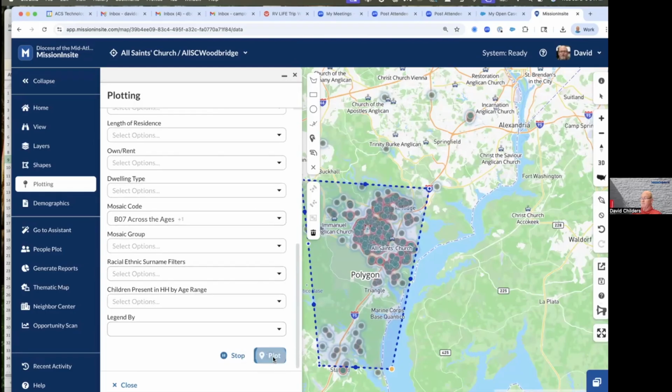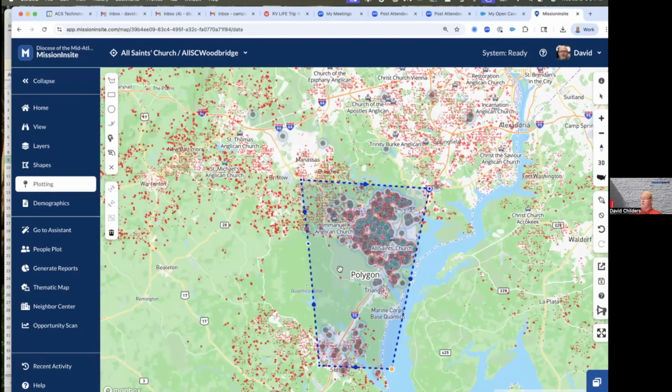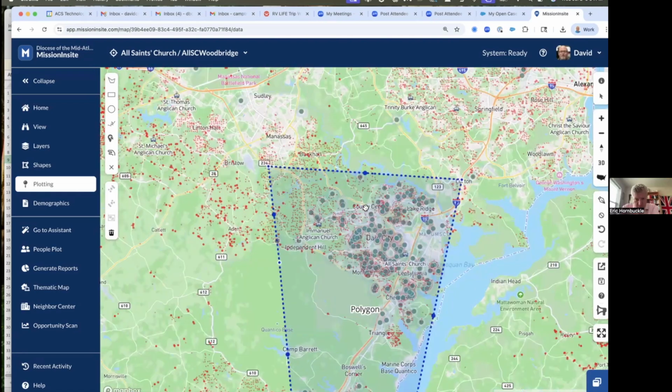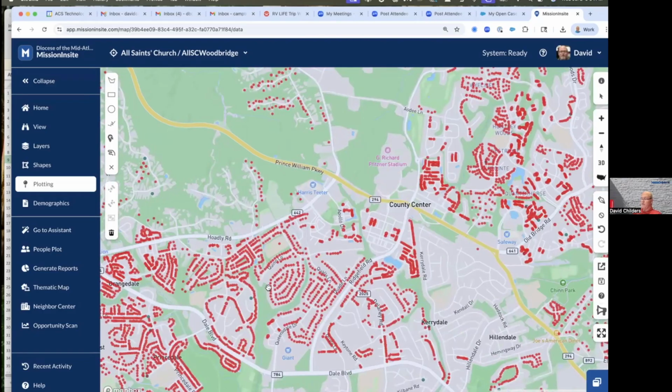And instead of green measles, I'm going to have the red mumps. So give it just a moment. And lo and behold, what do I see? Neighbors. Do you realize what you see right here, ladies and gentlemen? All of these are homes that are either BO7 or C13.